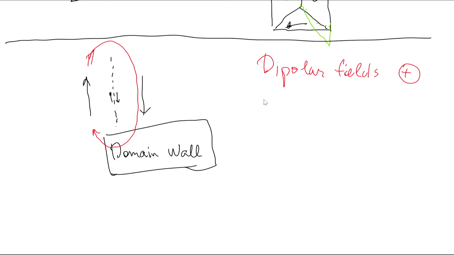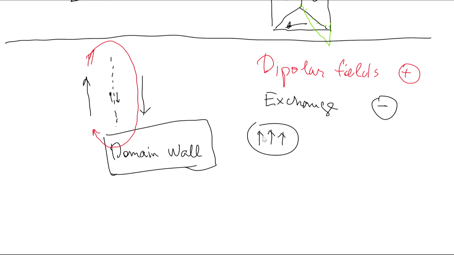In ferromagnets, exchange energy is not in favor of forming the domains, because these two want to be aligned ferromagnetically. We talk about ferromagnetism. So they want to be aligned ferromagnetically, but they are misaligned, and this is a non-favorable alignment.